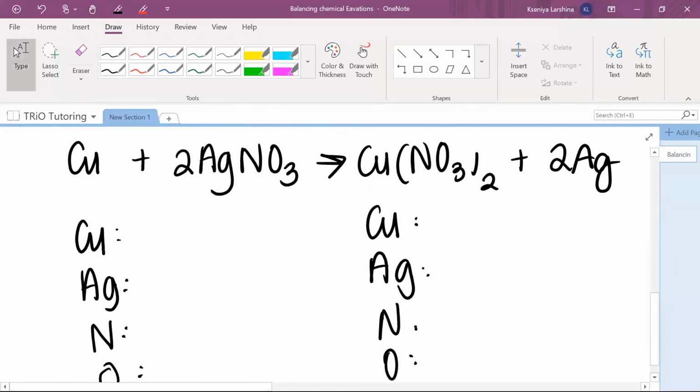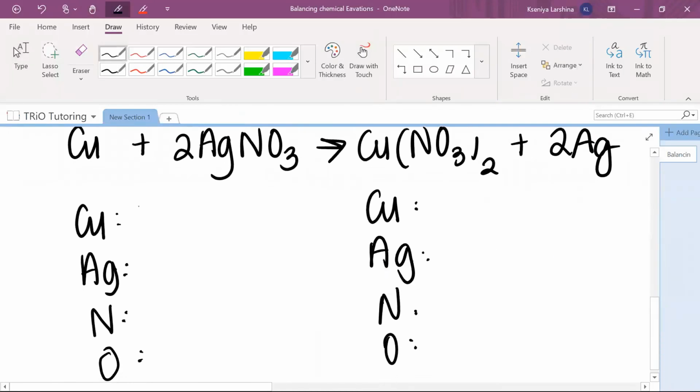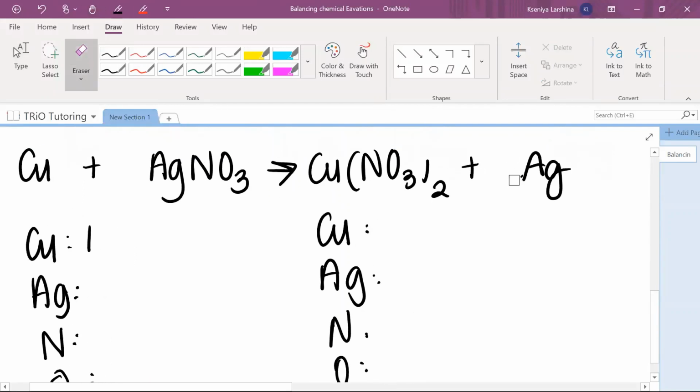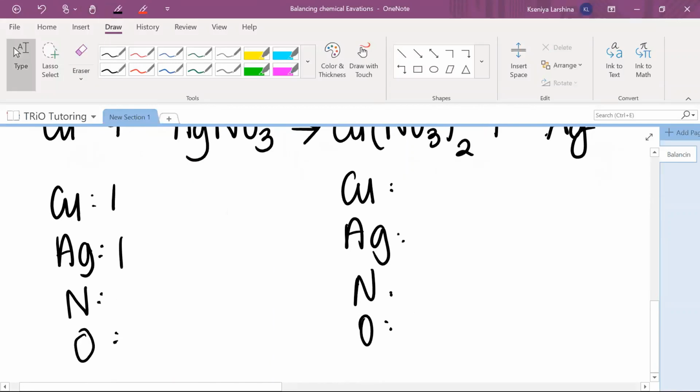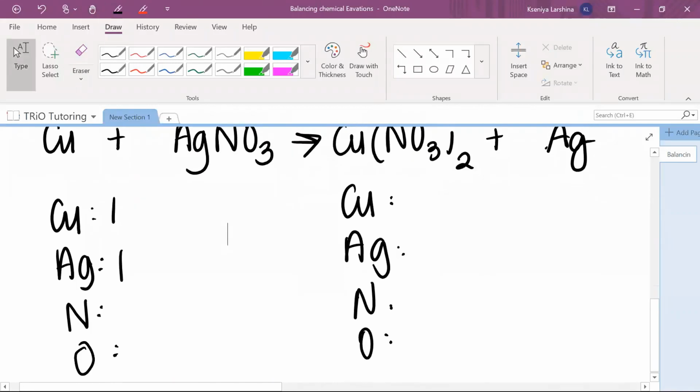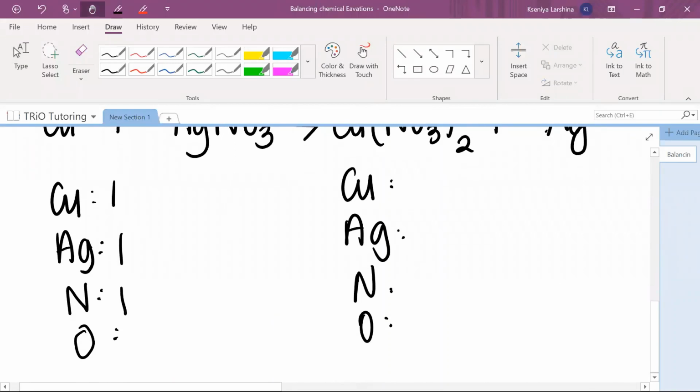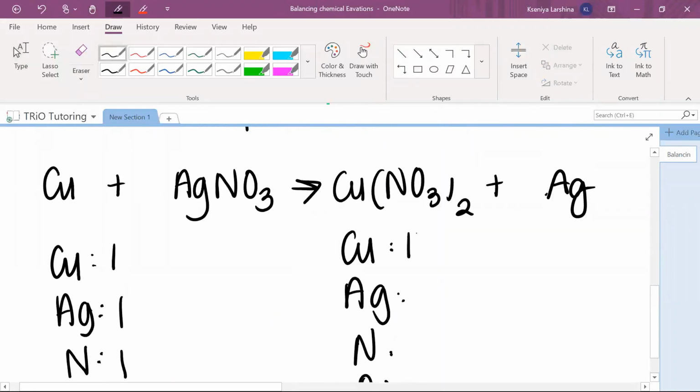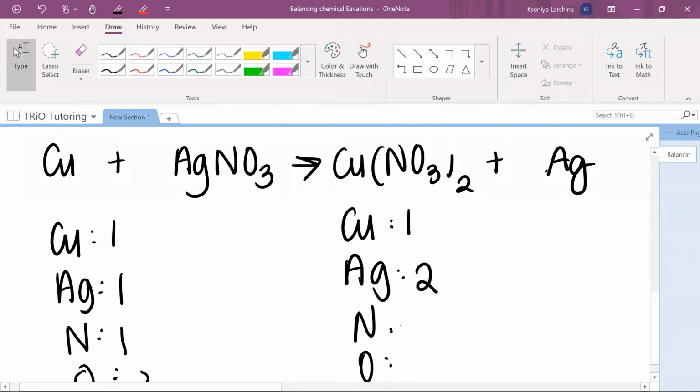Okay, so in this case, you have 1 copper, your 1 silver, 1 nitrogen, 3 oxygen, and 1 copper, 2 nitrogen because you multiplied this N by the 2 on the bottom.